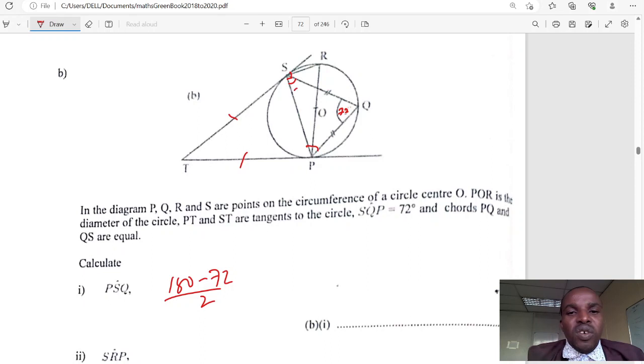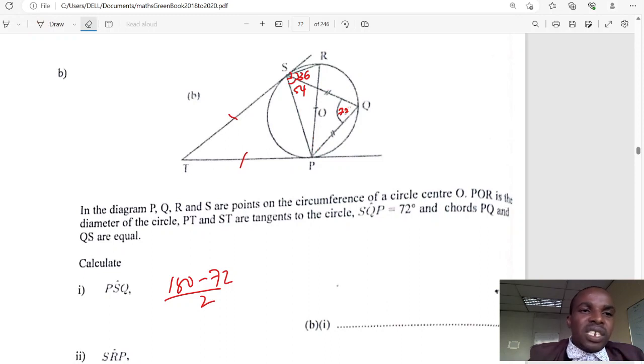So this one is 54, and this whole angle is also 54. Then this angle on this side is 90 minus 54, which is 36. So this small angle is also 36.